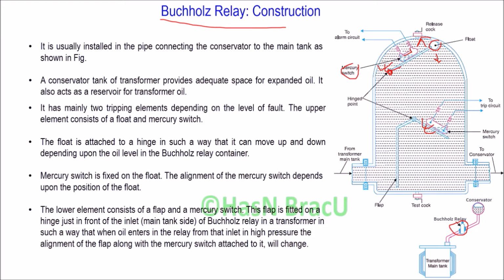This means depending on the sloping of this float, the mercury switch moves downward or upward. If this float is moving downward, then mercury switch moves like this. If this float is moved upward, then mercury switch moves like this.